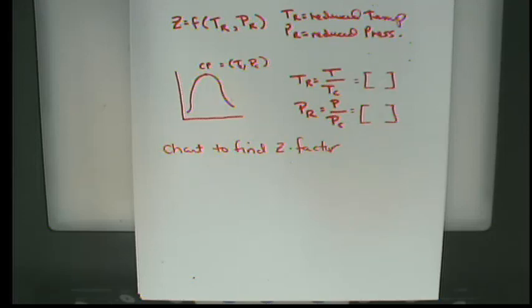I'm not really sure where it is in your book, and I'm not going to make you watch me go through this. I wonder if we can find it. If it's not in the tables in the back, it is in the body of your textbook.